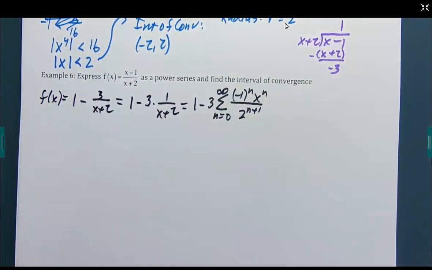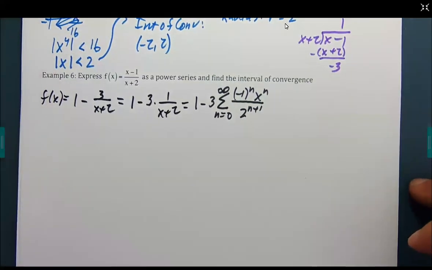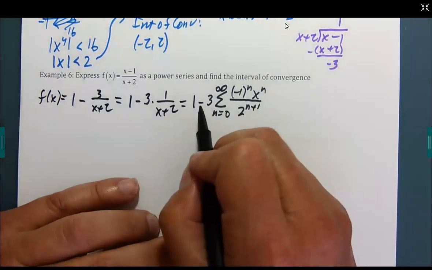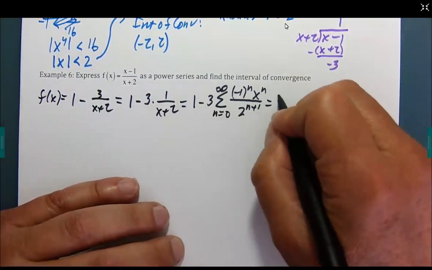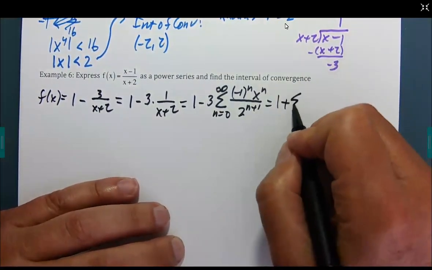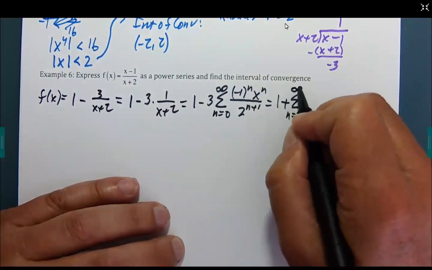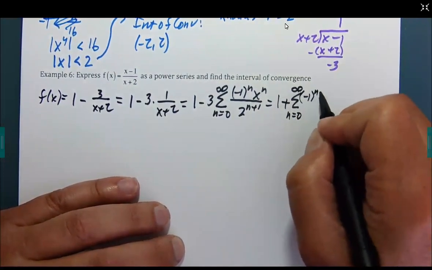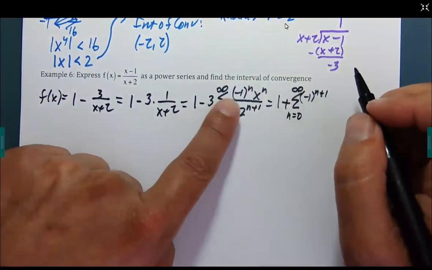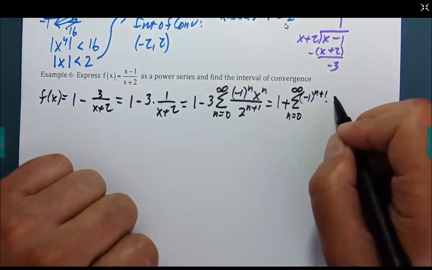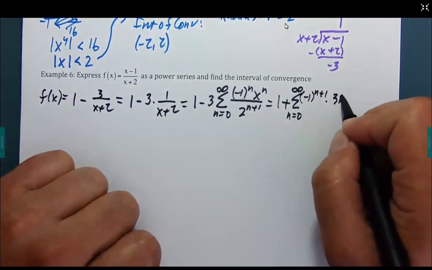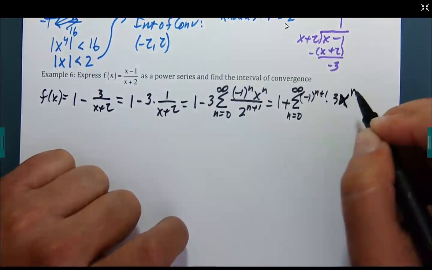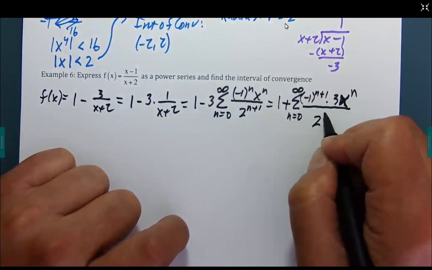So we have that. And I'm going to get a little fancy here. I'm going to bring the 3 in, which will not have an n power. And I'm also going to bring the minus in there. So we get this 1 plus -1 to the n plus 1. So I took that -1 there and I brought it there times 3 x to the n over 2 to the n plus 1.